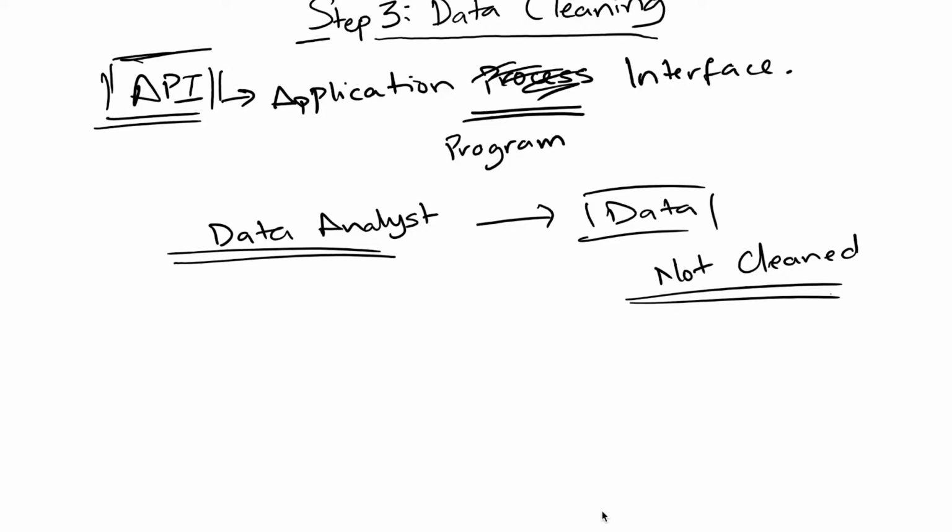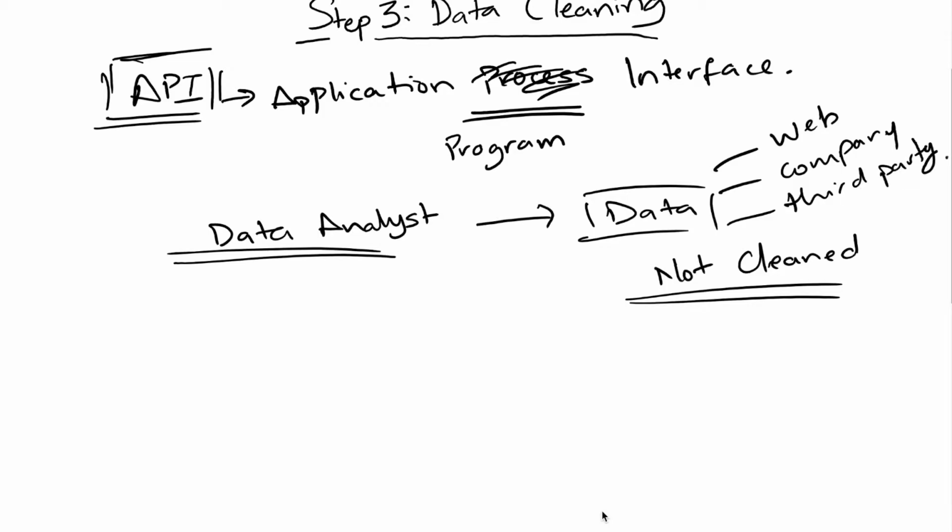So when you're receiving data from, let's say, a web source, or from the company, or a third party, it's not going to be clean. Expect a lot of noise within that data. Expect yourself to spend a lot of time cleaning that data. So that's what we're going to talk about today. We're going to talk about the different types of noise that you can potentially find in your data set.